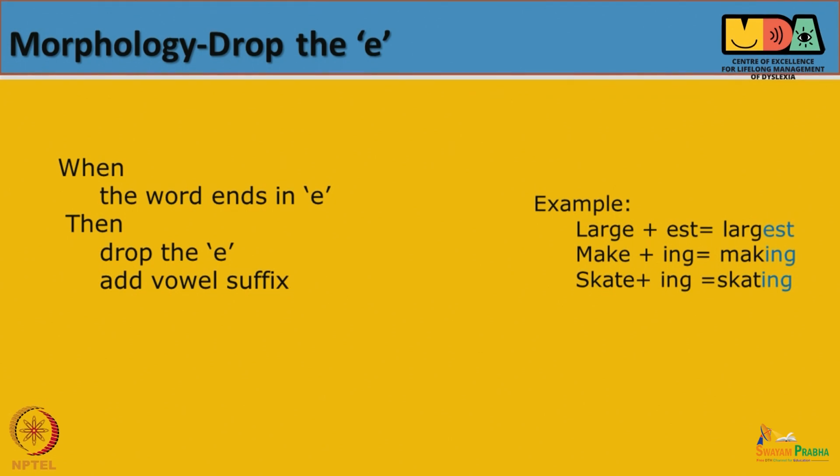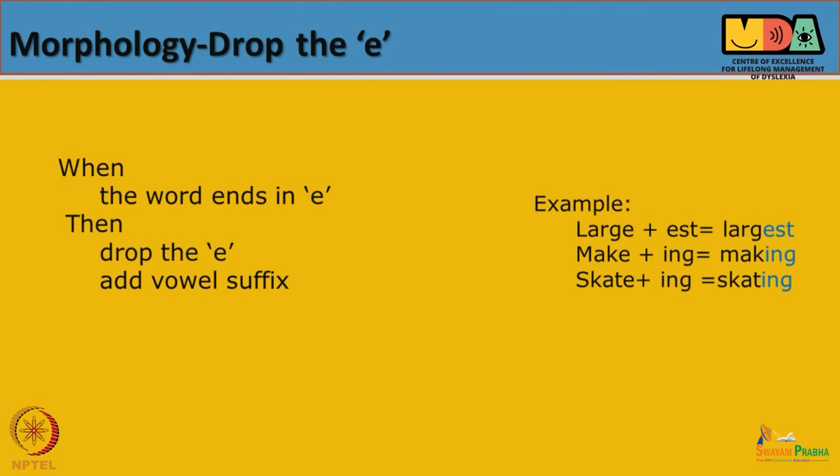So, in order to add EST, you drop the E and add EST. So, largest is spelled L-A-R-G-E-S-T.